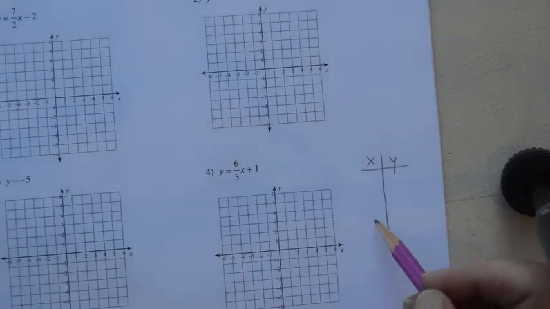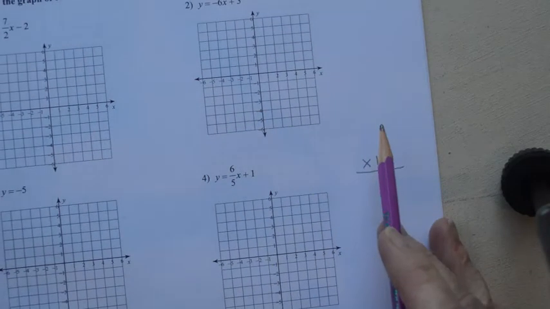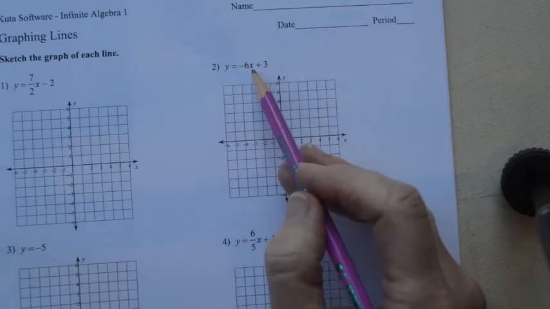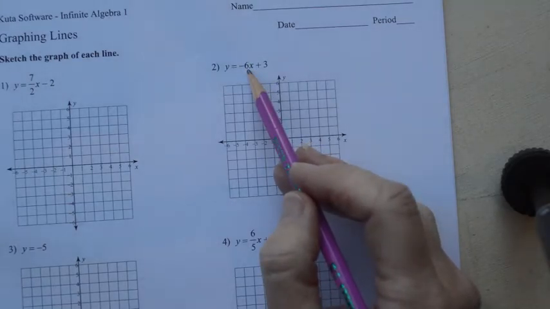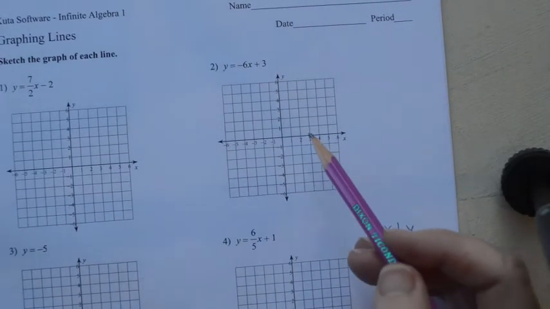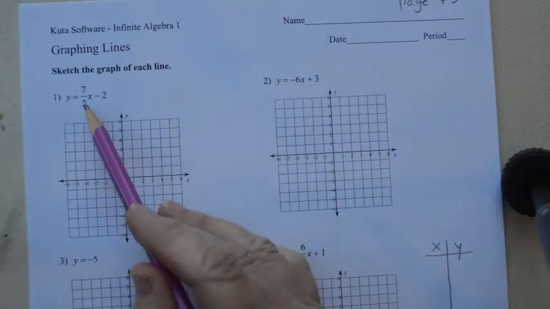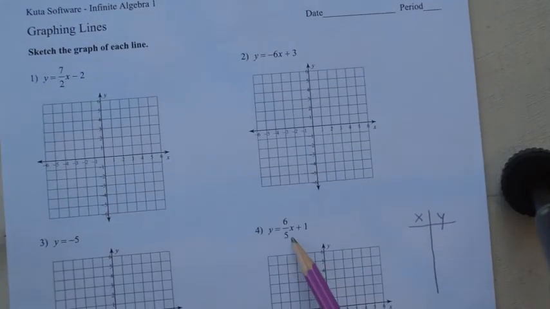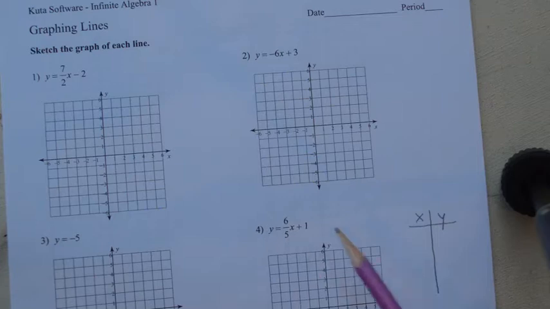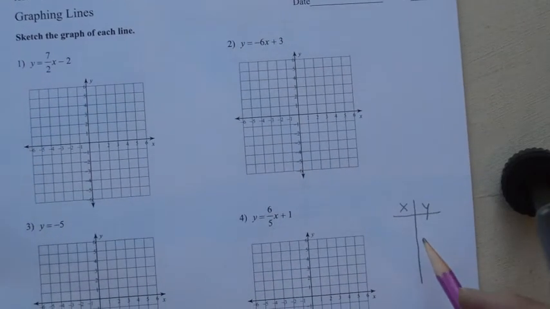And again, when the coefficient of the x, the thing you're going to be multiplying by x, is a whole number, you can pick whatever numbers you want. But when it's a fraction like 7/2 that you did before, or when it's a fraction like this, 6/5, let's be smart about the numbers that we choose.